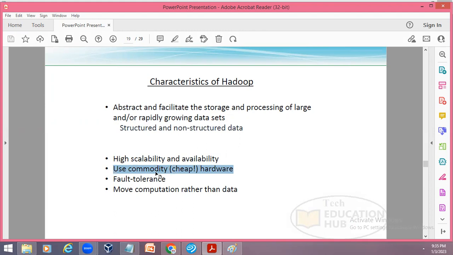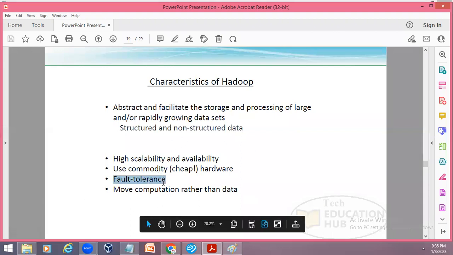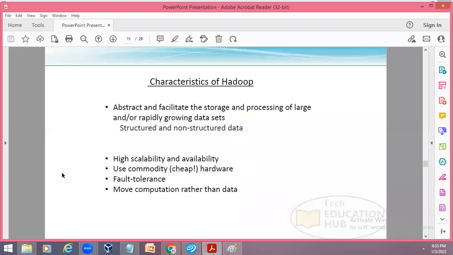It's cheap, low cost hardware, and your Hadoop system can work on that, even your PC or personal laptop can be used. Next is fault tolerance. Fault tolerance means whenever there is any failure, my system should be smart enough to handle that fault and it should not impact my existing jobs.